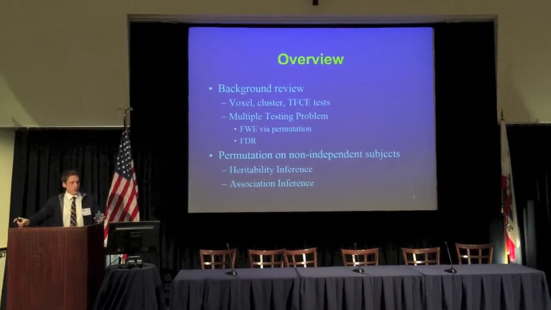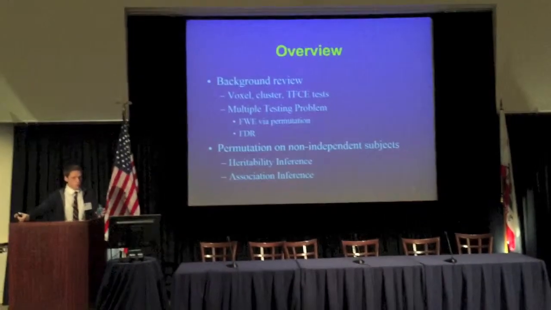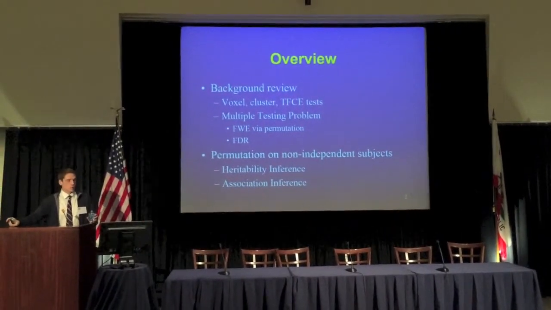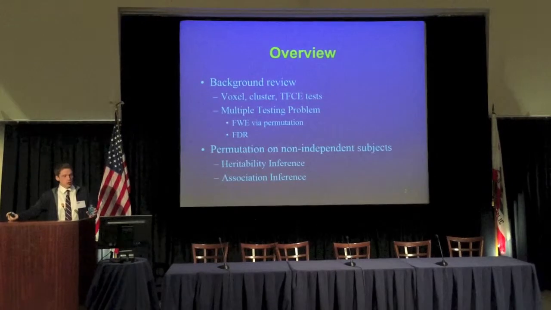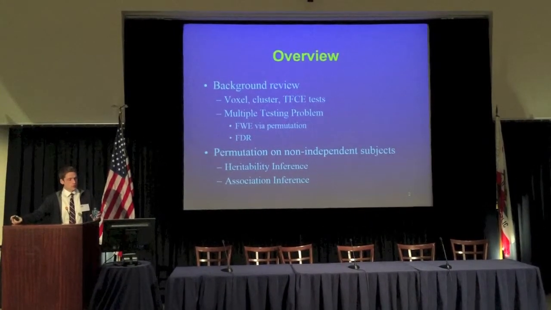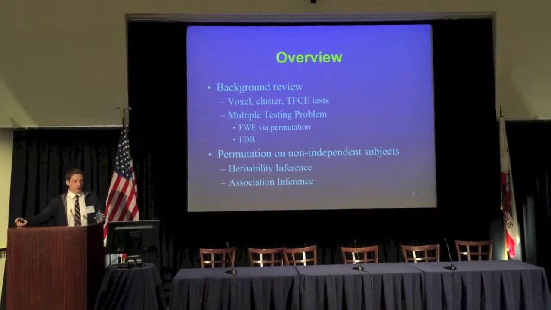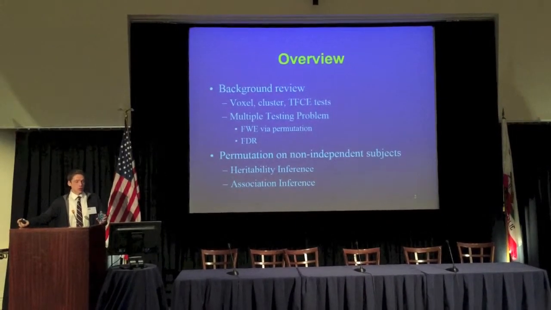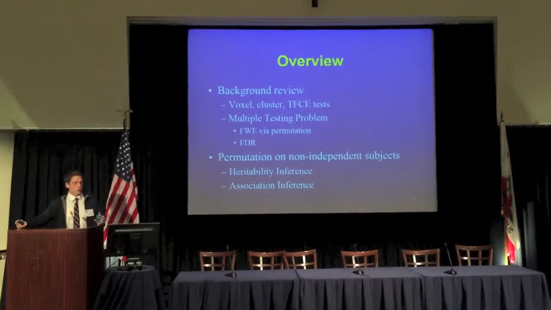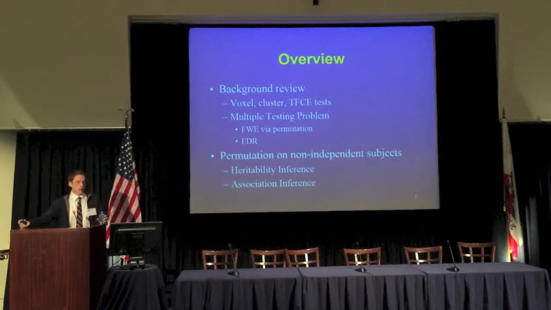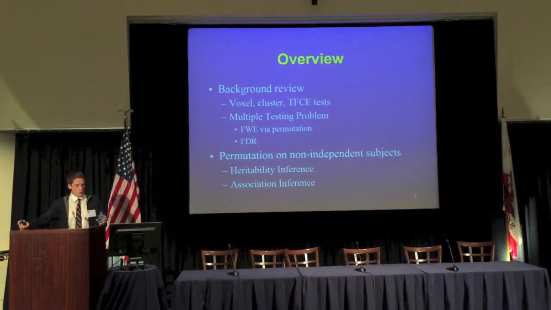So, in his presentation, he wants to do some background review, specifically voxel and cluster true-false significance tests, and the multiple testing problem, and then family-wise error estimates versus permutation, and comparing it to the FDR, false discovery rate, approaches.